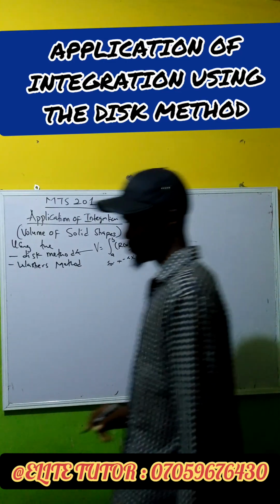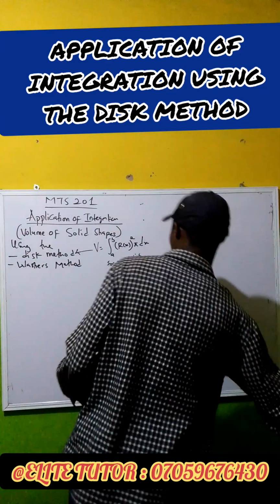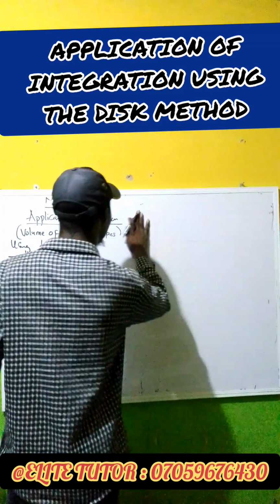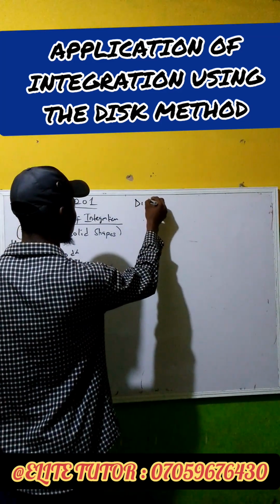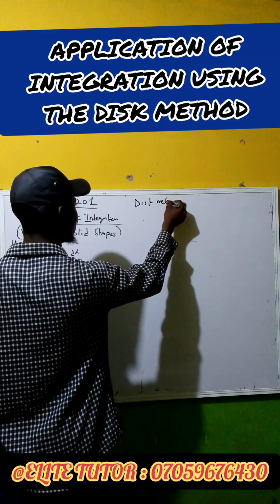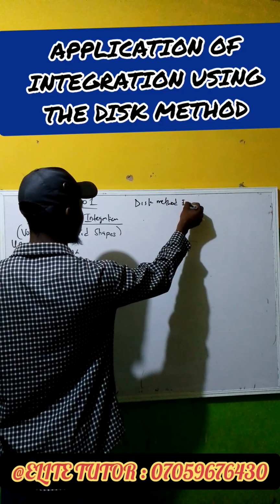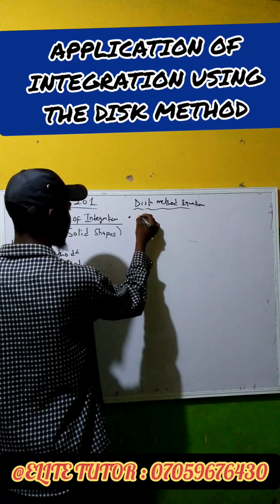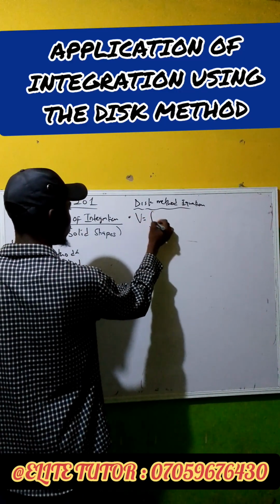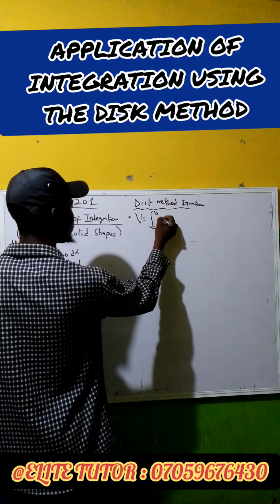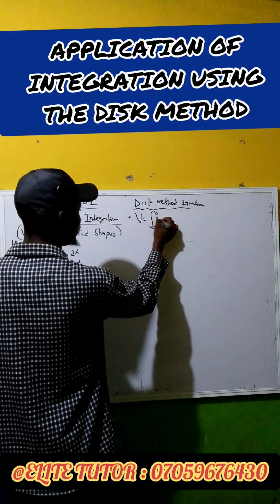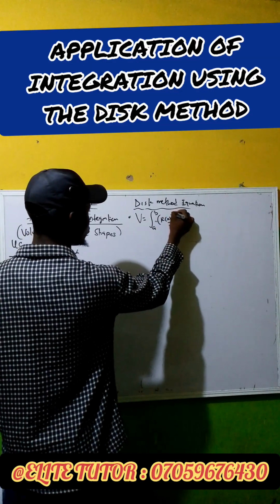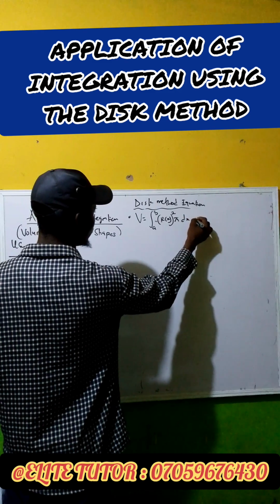Maybe I should write it boldly so you can understand. The disk method equation for the x-axis: the volume of any shape is V equals the integral from a to b of, in brackets, r of x raised to power 2, then pi dx.